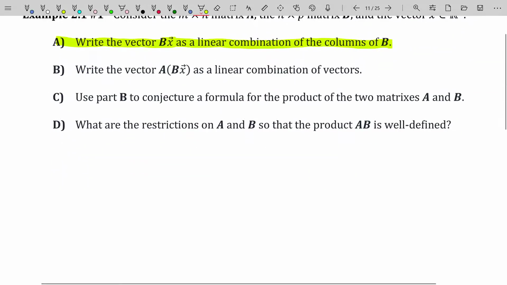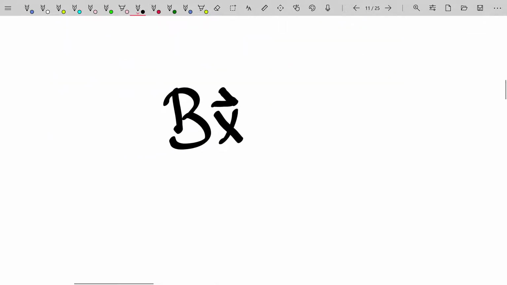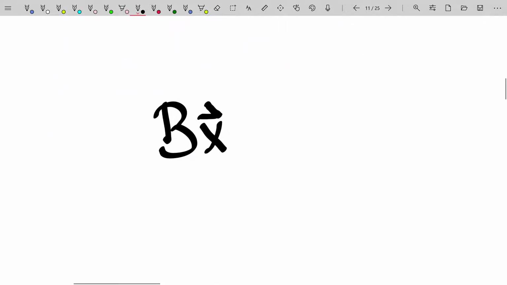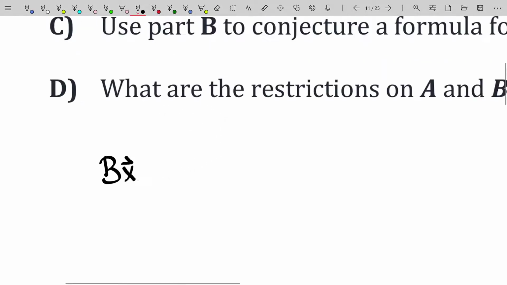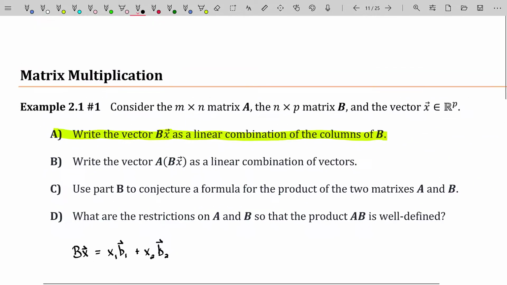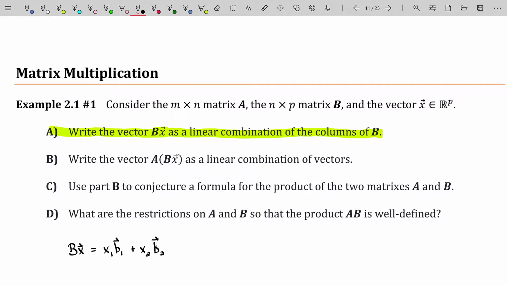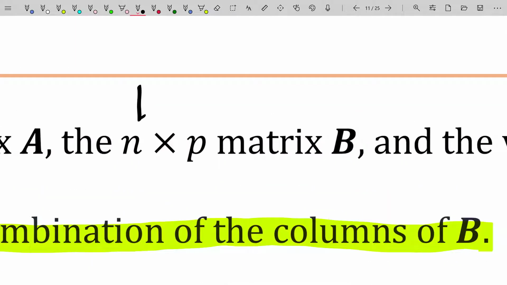So I'm stepping us through the process. We already know that matrix vector multiplication is just going to be a linear combination of the columns of the matrix B with weights, the entries in X. Now I should probably make sure I know how many columns the matrix B has. And we can see right here, the matrix B has N rows and P columns.